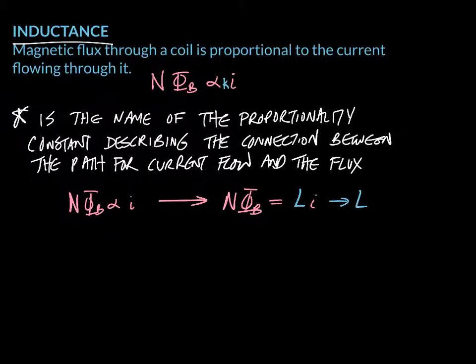So inductance, one way to think about inductance would be the number of flux planes per unit current. You won't find that in a book because I just thought of it. Because that's what it is, the number of flux planes, because that N refers to number of coils, flux is flux, number of flux planes per unit current.